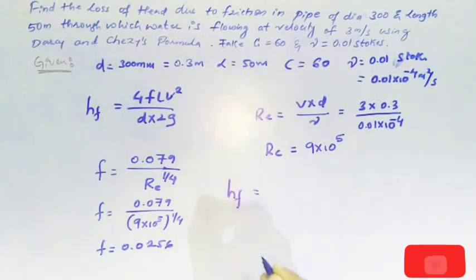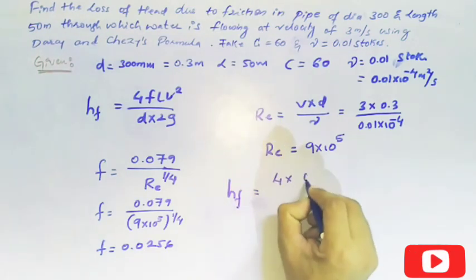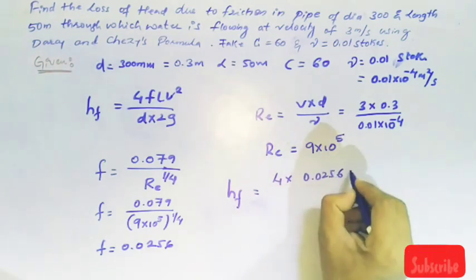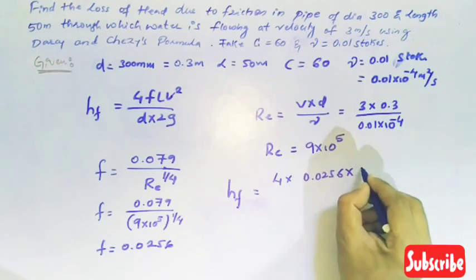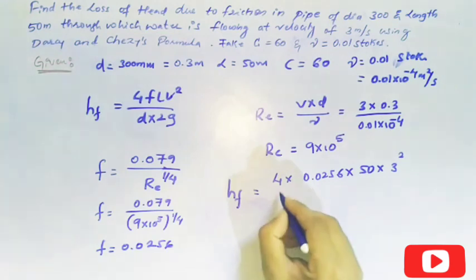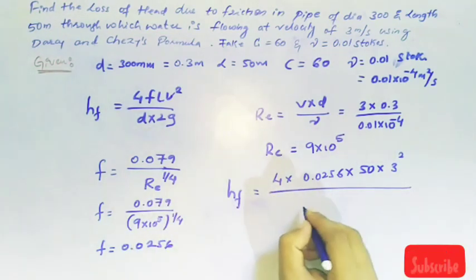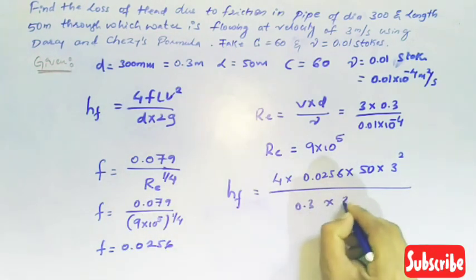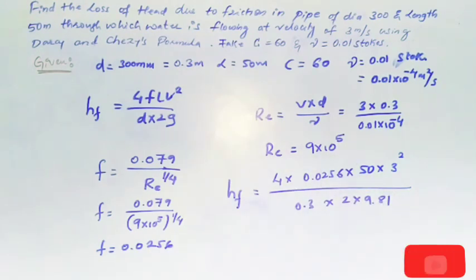Now let us substitute all the values. hf will be equal to 4 into 0.0256 into length 50 meter, velocity 3 meter per second squared, divided by diameter 0.3 into 2 into 9.81.